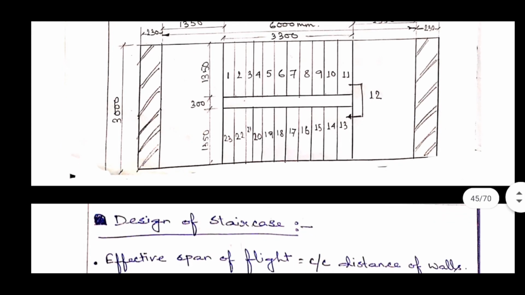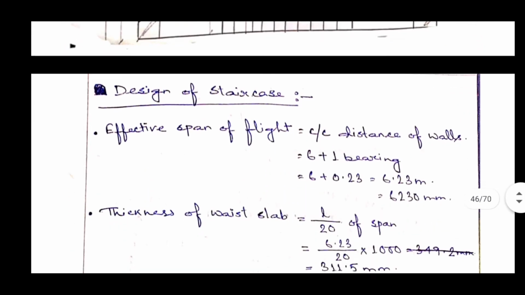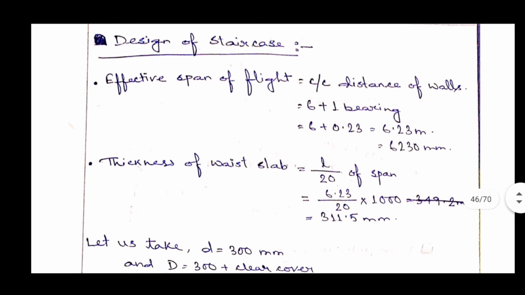So let's start the design. Now effective span of flight is equal to center distance of walls. So 6 meter is the clear span plus half bearing plus half bearing both side, one bearing that is 0.23 meter. So 6.23 meter is effective span or 6230 mm.